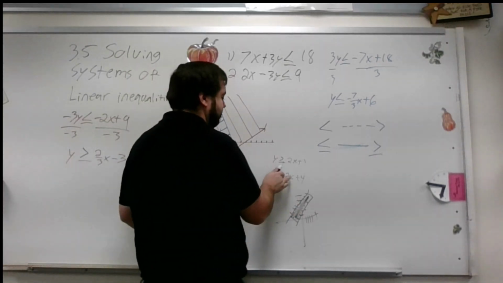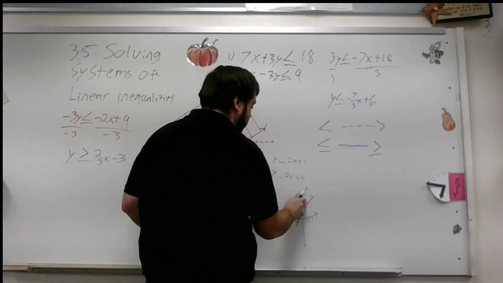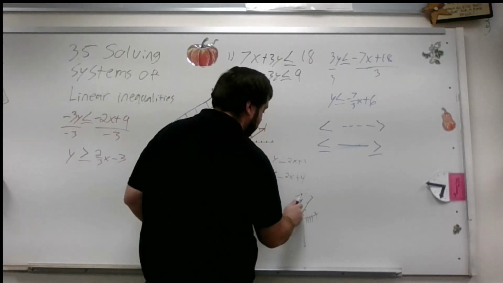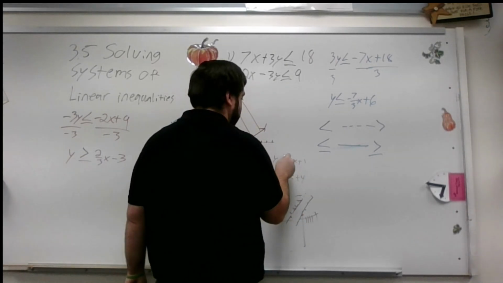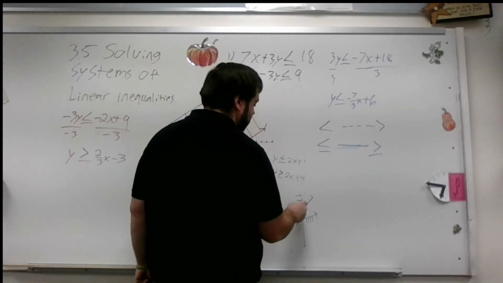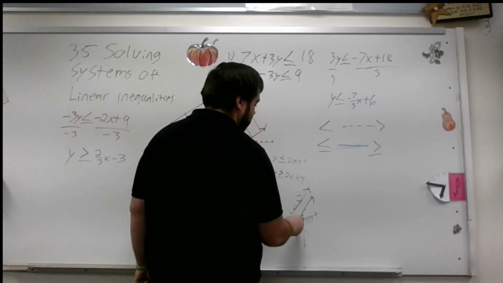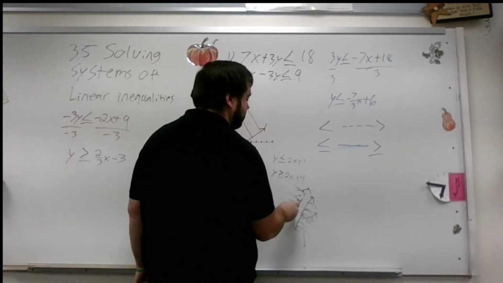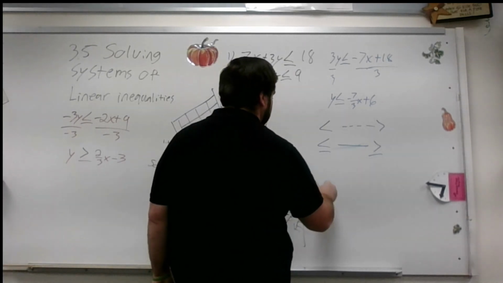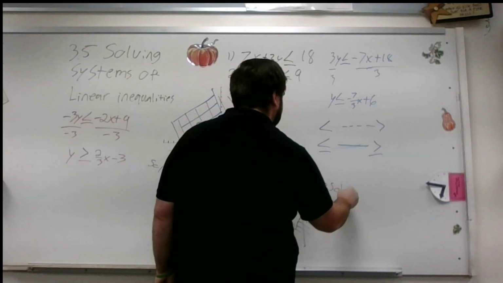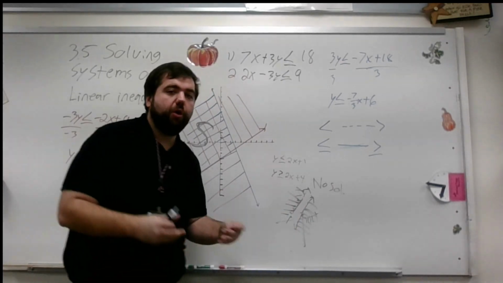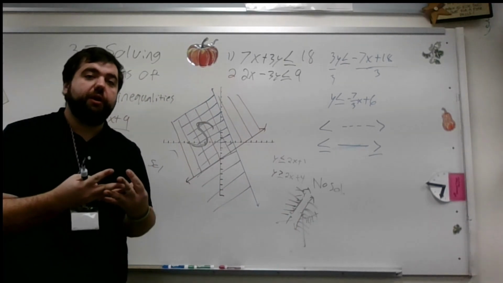So let's say I flip those signs, right? Less than that, greater than that. Then it looks like this. The answer is no solution, because there's nowhere my shading intersects.